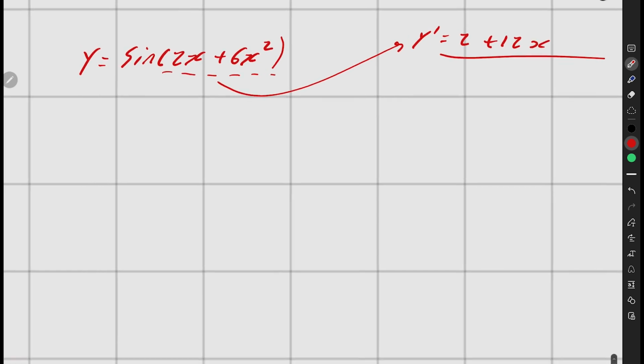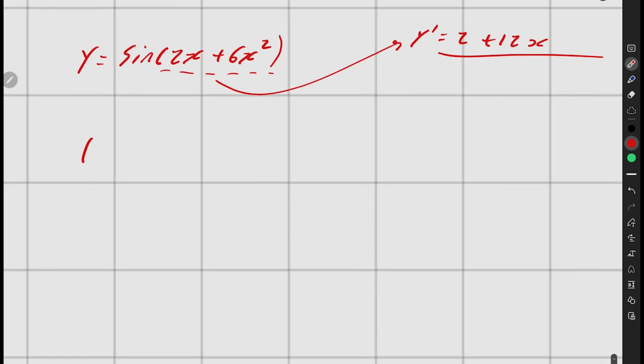Why is this important? Because what the chain rule says, we're going to take the derivative out the front. We're going to have, let's write it like this, 12x plus 2. And then all we need to do now is multiply it by the derivative of the outer function, which is going to be cosine of 2x plus 6x squared.